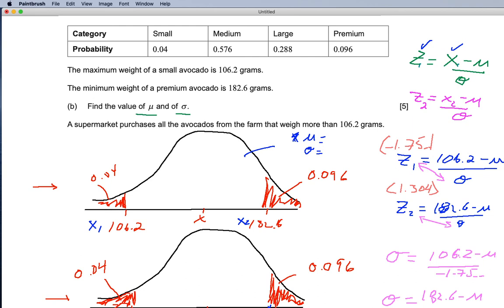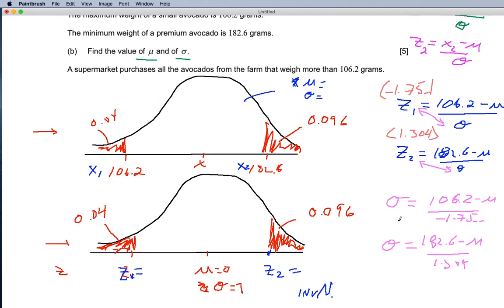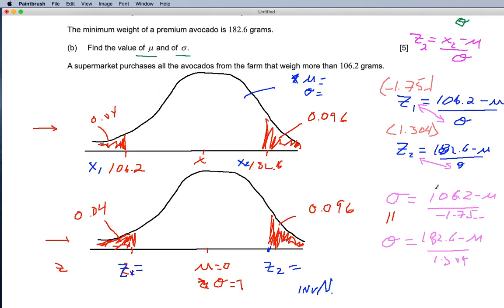And because these two values are the same here, I can just make this one equal this one. So I would take this formula here, equate it to this equation here.